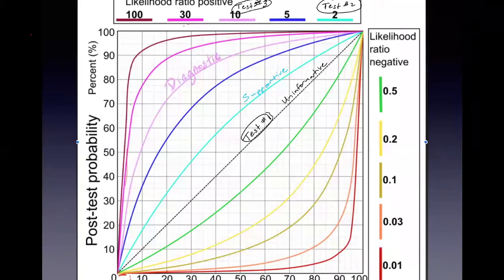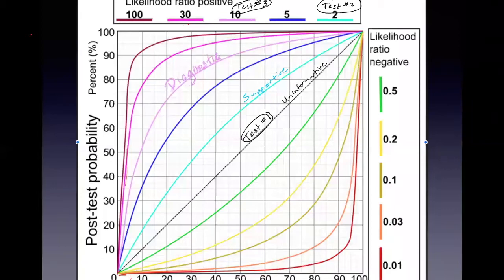Based on these different pretest probabilities, you can see these curves begin to separate more and more from each other. And this is important because it helps you choose which test you want to use. The ones that are curved furthest away are the most informative tests. But they may have features where they're more expensive.